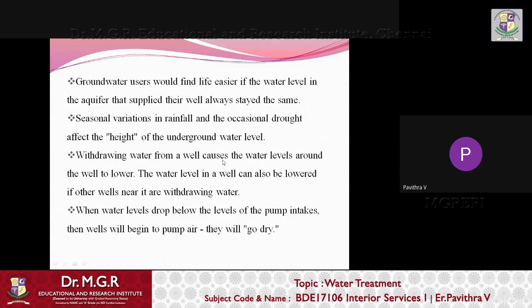Withdrawing water from the well causes the water level around the well to lower, and the water level in the well can also be lowered if other wells near it are withdrawing water. When the water level drops below the level of the pump intake, the pump will begin to pump air, and then they call it gone dry.